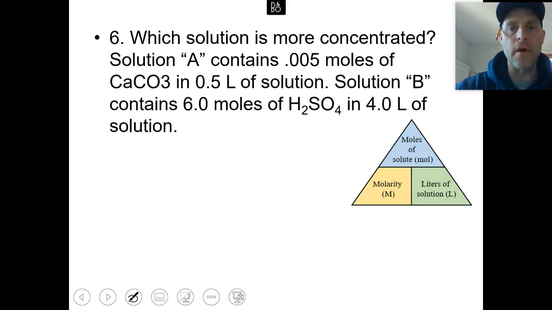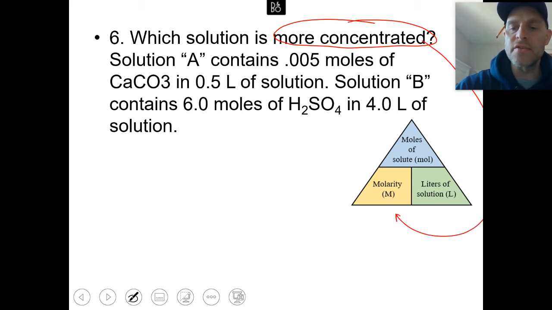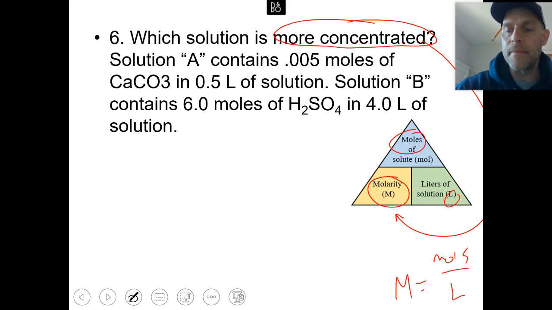Two more, guys. Let's do it. Okay, now number 6 gives you two solutions, solution A and solution B. So you got to read it carefully. It says, which solution is more concentrated? Okay, so remember, what's a measurement of concentration? The measure of concentration is molarity. So I want to find molarity. You should know molarity equals moles on top over liters on bottom.